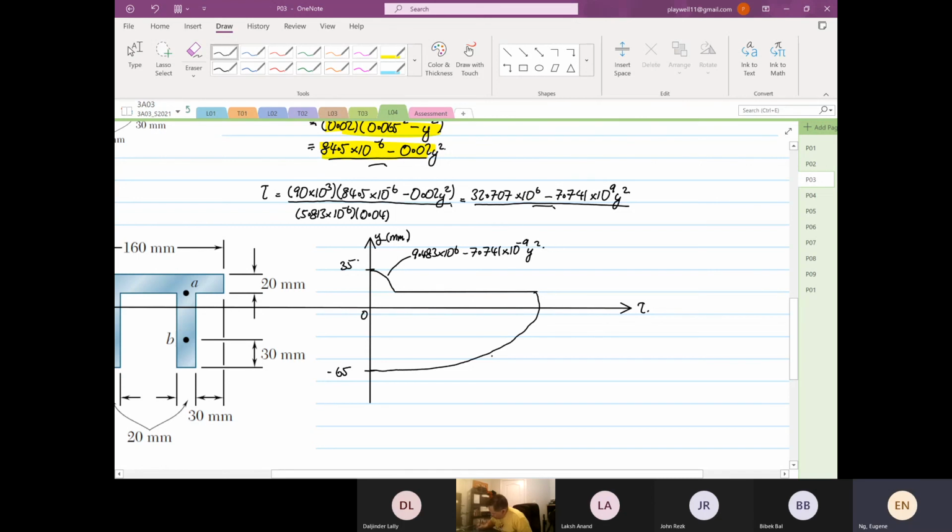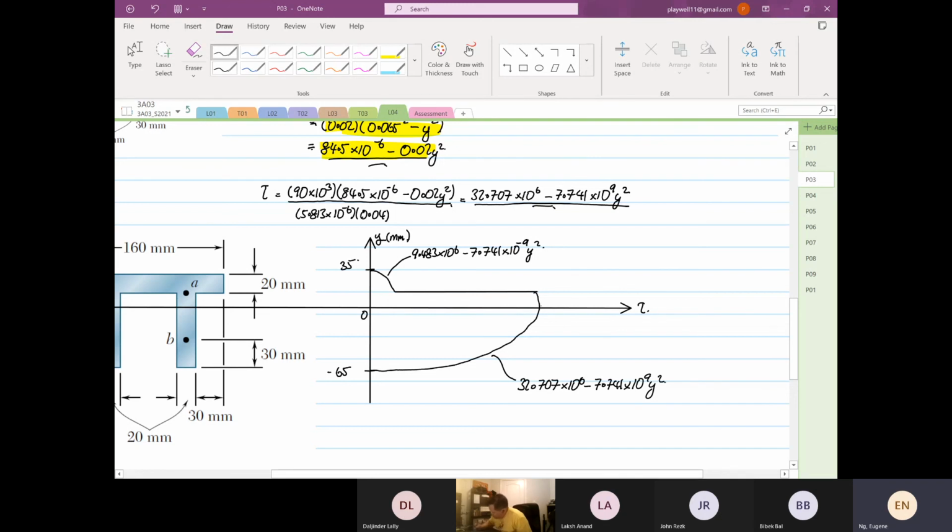So this equation over here, whether from the top or from the bottom, for the web section the equation is the same. So this is 32.707 times 10 to the power 6 minus 7.741 times 10 to the power 9 y squared.